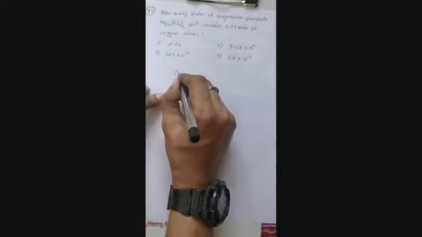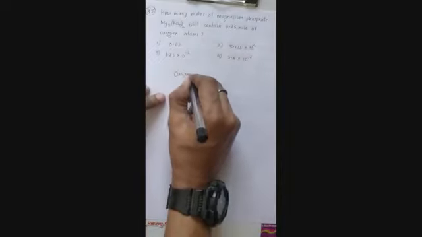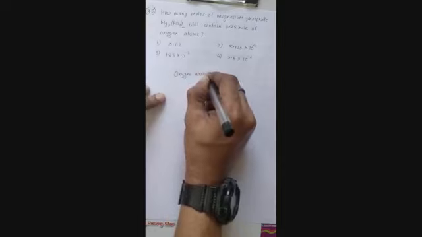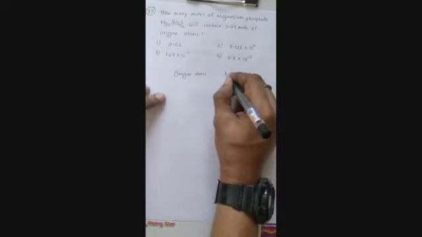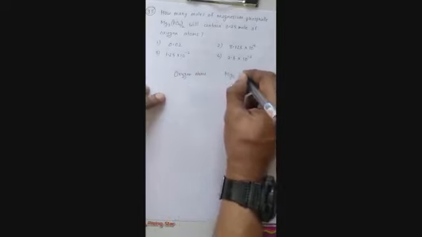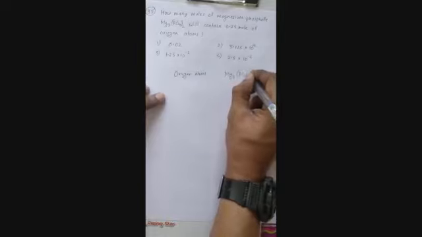Let's see next question. Question number 35. How many moles of magnesium phosphate will contain 0.25 moles of oxygen atoms? So here we have oxygen atoms corresponding to magnesium phosphate, Mg3(PO4)2.